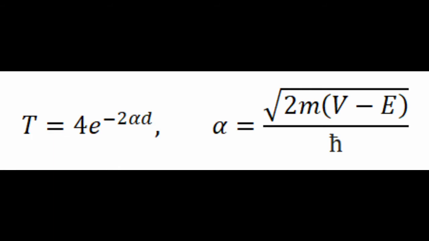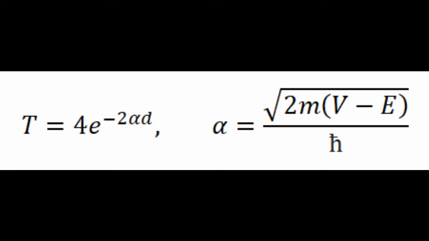Alpha is given by that wave number right there. Well, the real wave number, I should say. And there we are. That is the probability of one electron with energy E to tunnel through a potential barrier with width d and energy V.